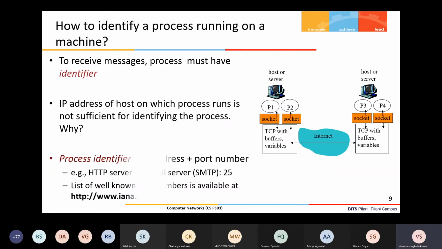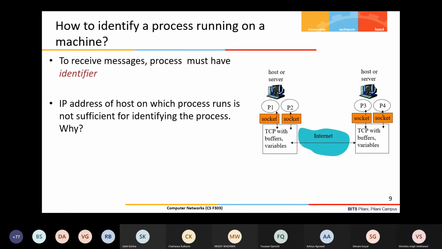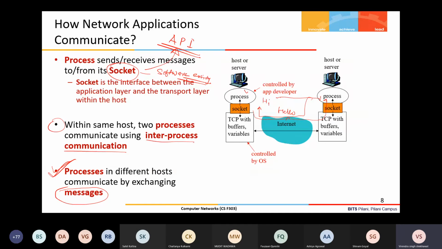Now this process is running here, and it wants to communicate to this process. For that, this process needs to know the address of the process which is running here. I just name them here: this is process 1, then this is process 2. This is just a name given.